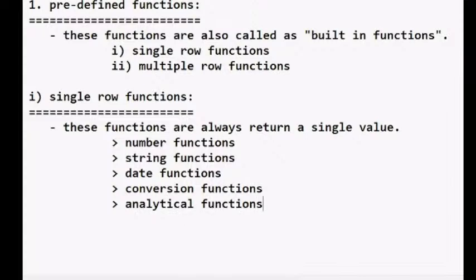Analytical functions we will see in subqueries, where I will explain them. So number, string, date, conversion, and analytical: all these types of functions return a single value. That's why they are called single row functions.